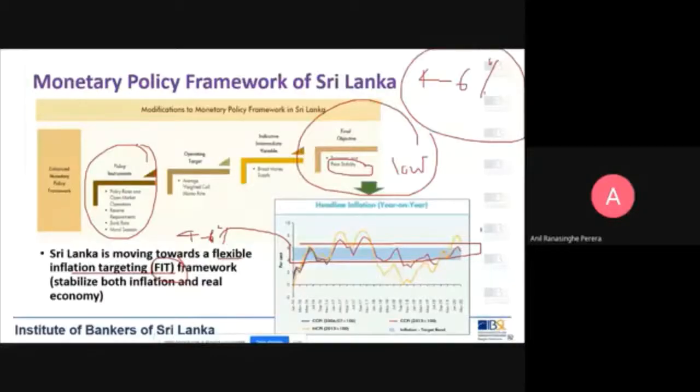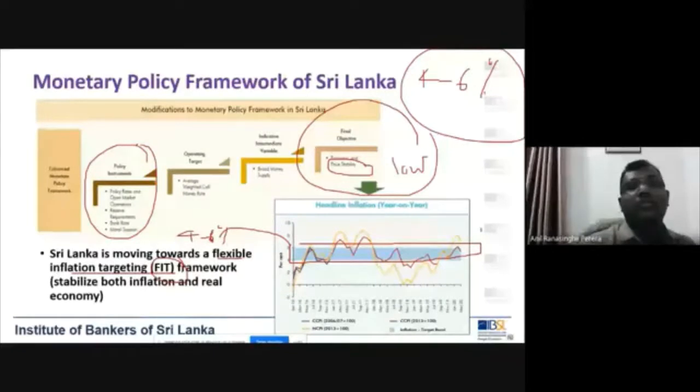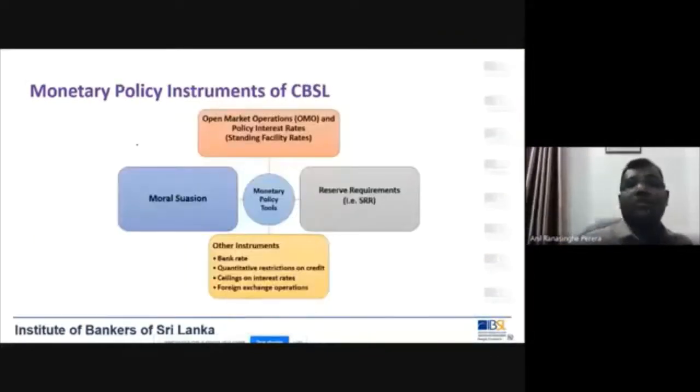In the monetary policy framework, these policy instruments are very clearly defined. What are these instruments? Here we have the whole set of instruments listed, including moral suasion, I told you, special deposits, etc. Even foreign exchange transactions are also used as monetary policy instruments.